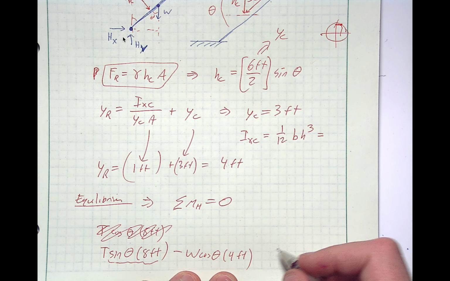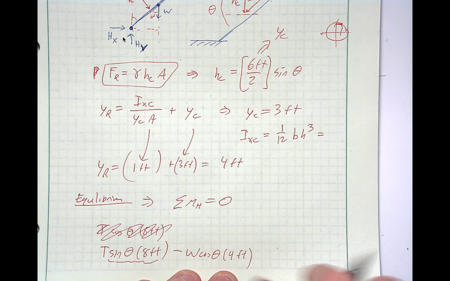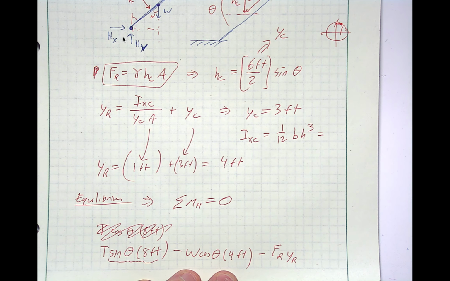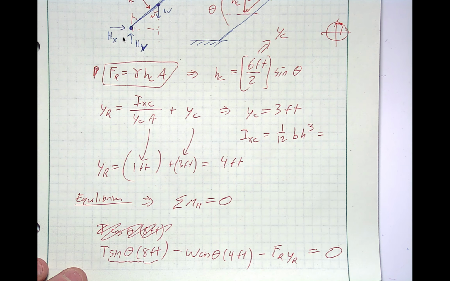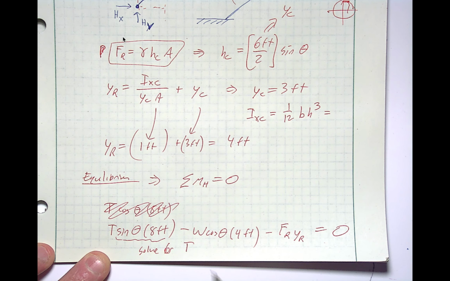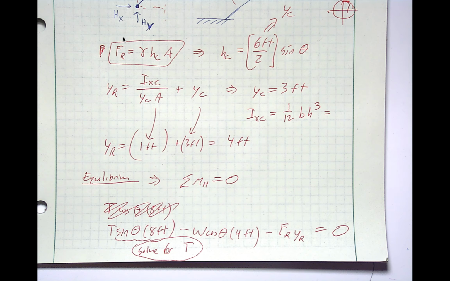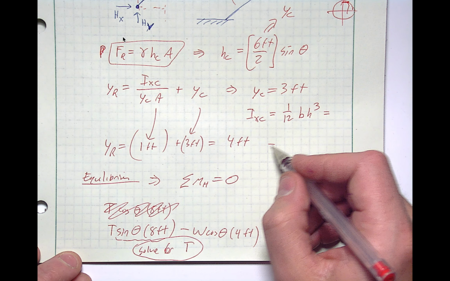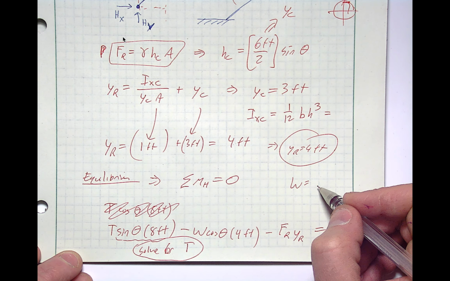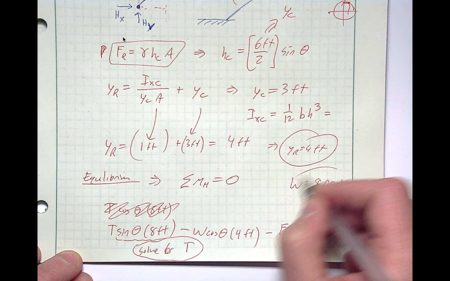Our resultant force doesn't need to be hit with any sign. That's also minus, and we already found y R. And that's it. This equals 0. You can solve for tension. Everything else is known. We know y R, and W is given as 800 pounds.